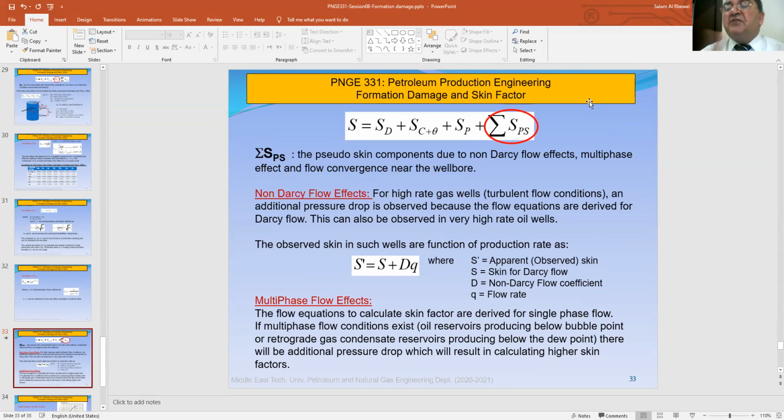What is the difference between Darcy flow and non-Darcy flow? For non-Darcy flow, there is a term for the pressure drop caused by non-Darcy flow, suggested by who? By Forchheimer, 1901. Forchheimer developed Darcy law to consider the pressure drop caused by non-Darcy flow.